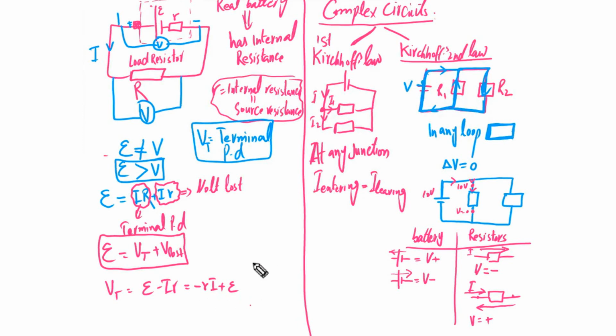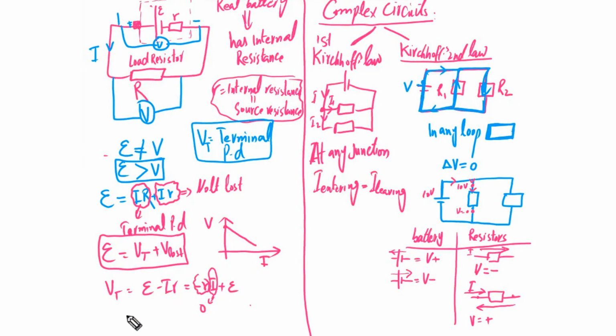Now if I need to sketch a graph between V on the y-axis and I on the x-axis, if I is equal to 0, VT has to be equal to the EMF. So it has to start from here, and then it follows a straight line, because this is the gradient.